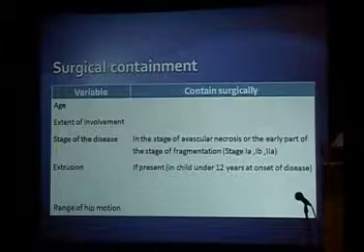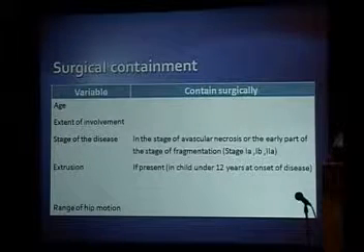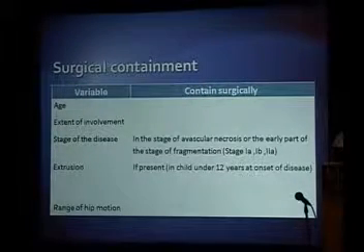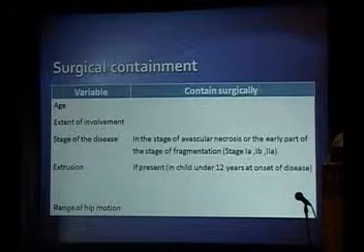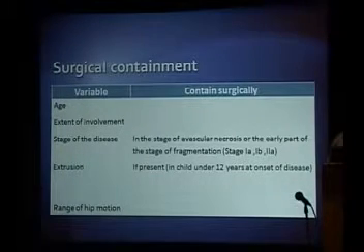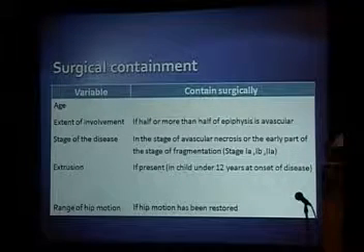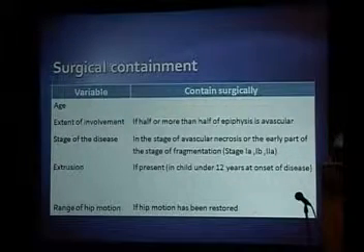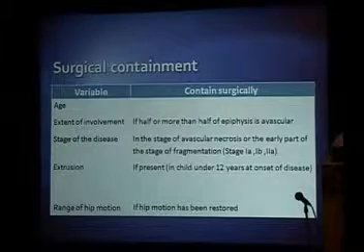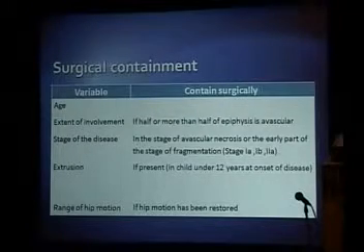And I'm giving that age cutoff because over the age of 12, they are adolescents. The disease behaves totally differently. Containment doesn't work. You need to restore the range of motion if you want to do containment. So if you do a containment procedure with a stiff hip, it doesn't work.